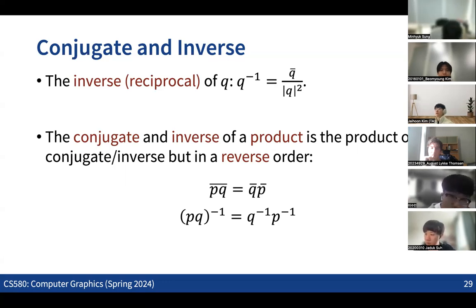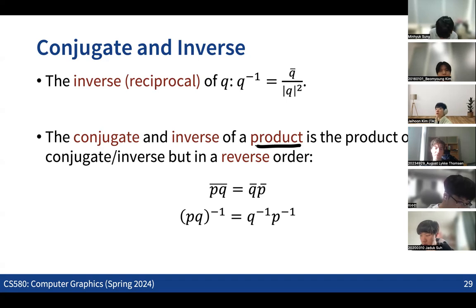As you know, we see similar properties for matrix multiplication. The conjugate and the inverse of a product become the product of the conjugates and inverses, but in reverse order.